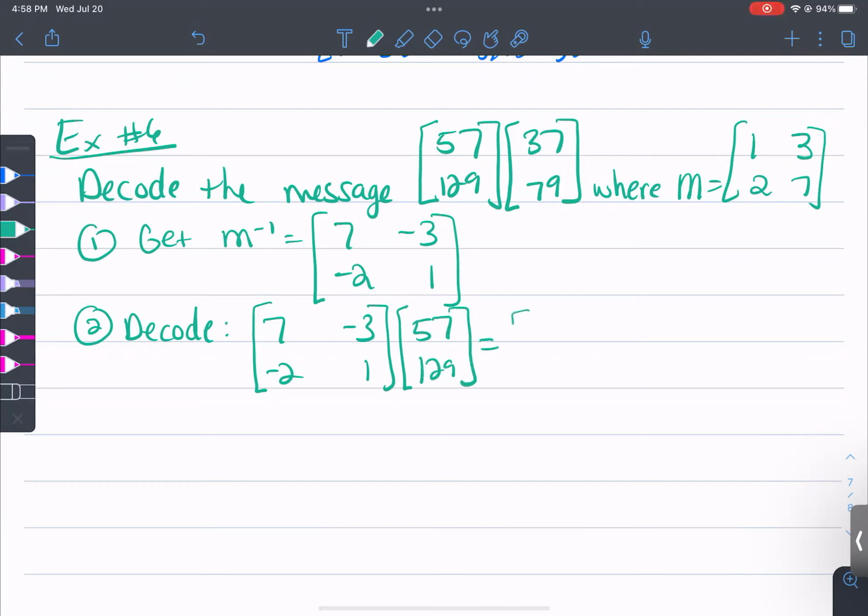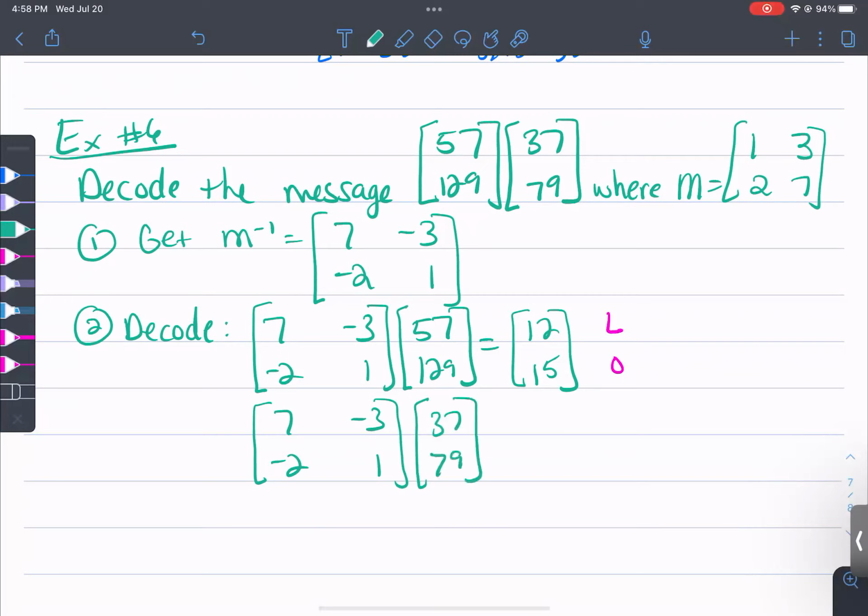So the first one gives us 12 and 15, referring back to our original code, that is L and O. And then same inverse matrix times our other coded piece gives us 22 and 5, which corresponds to V and E. So love is the encoded message.